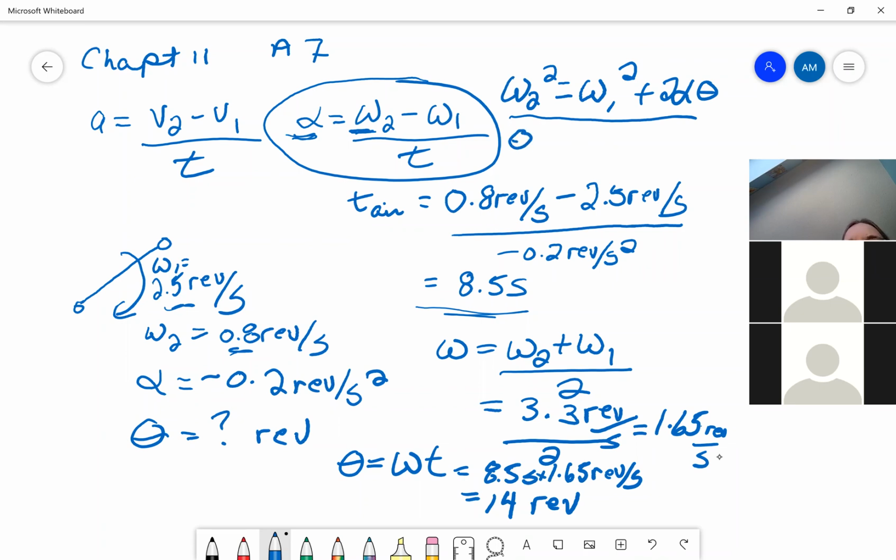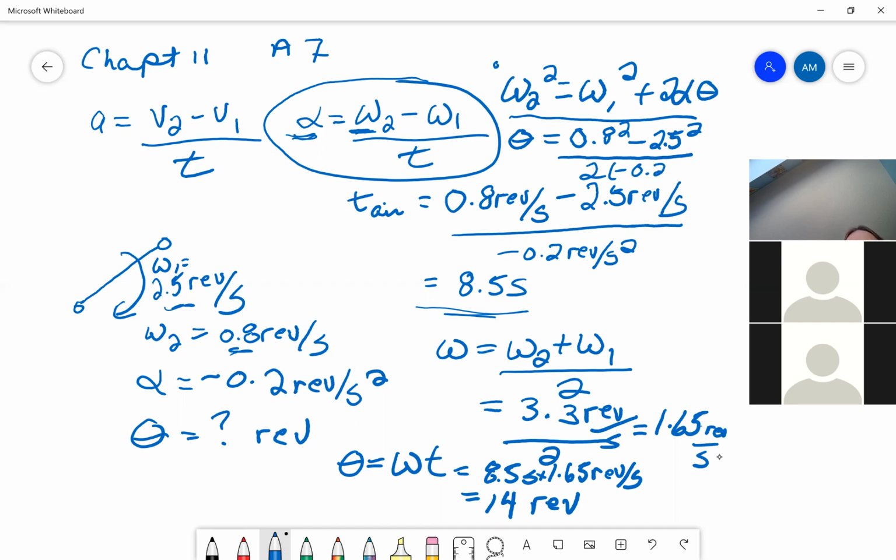So if we solve for theta, it would be 0.8 squared minus 2.5 squared divided by, sorry that this is getting a little messy in here, 2 times negative 0.2.